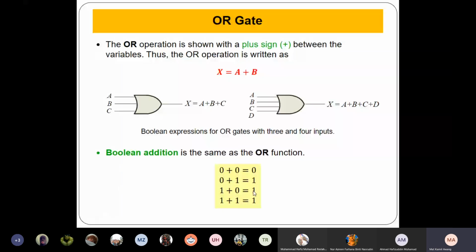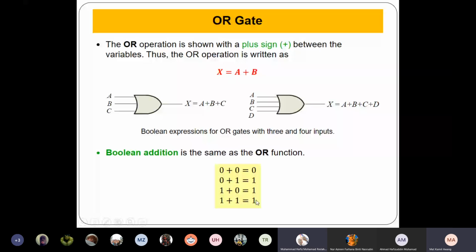The OR operation is shown with a plus sign between the variables. Thus, the OR operation is written as X is equal to A plus B, A or B. If you have a 3-input OR gate, X is A plus B plus C, or A or B or C. If it's 4 inputs, then A or B or C or D, or A plus B plus C plus D. So Boolean addition is the same as the OR function. 0 plus 0 is 0, 0 plus 1 is 1, 1 plus 0 is 1, 1 plus 1 is 1.